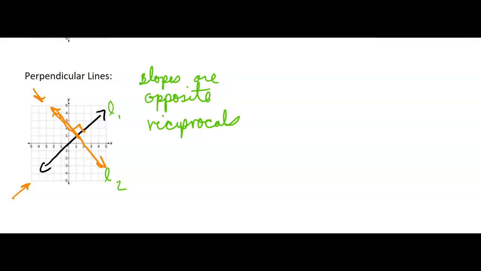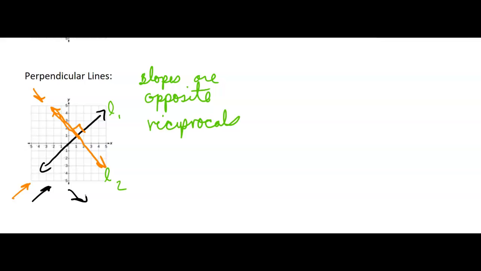So they have to be opposite because one line's going in a positive direction and the other line's going in a negative direction. And I say usually, there is like one exception to that, but I'll try to go over that in a minute. So you're going to have one positive slope, one negative slope, and then they're reciprocals of each other, okay?